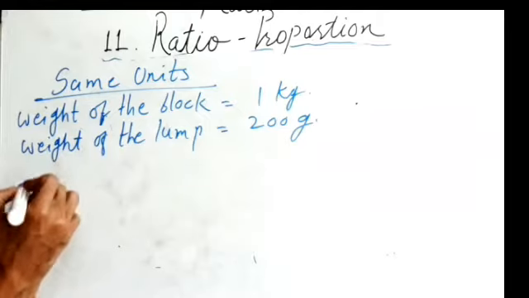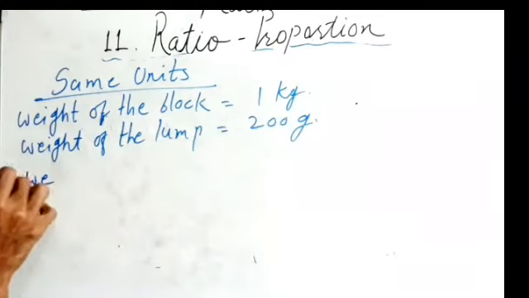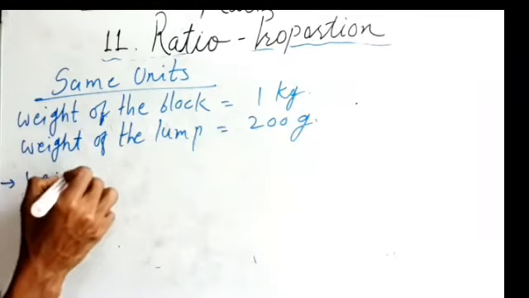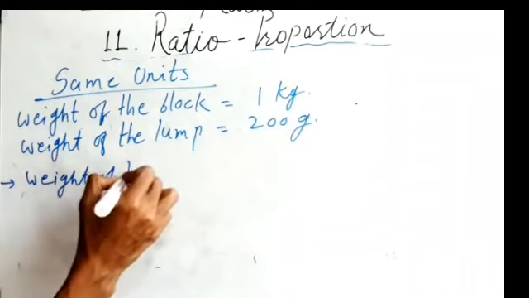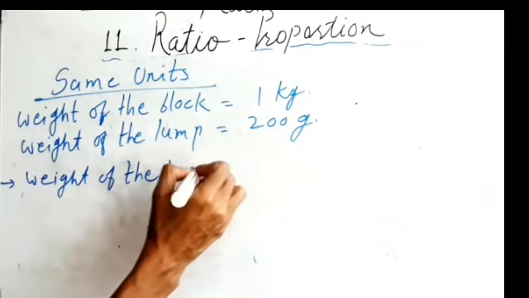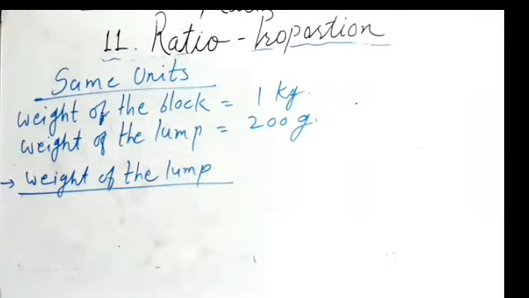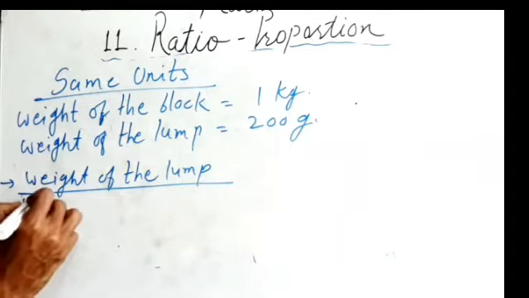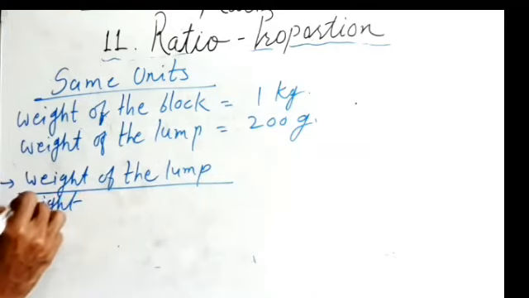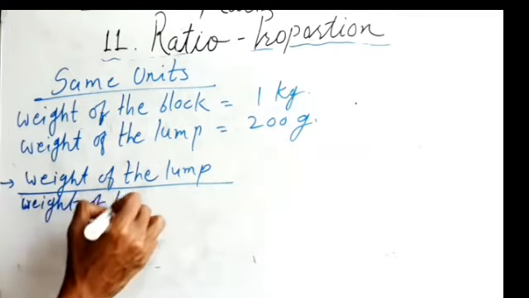So what I have to find is the weight of the lump. 'To' means 'upon'. After 'to', what is there? That will come to the denominator. That of the block means weight of the block.